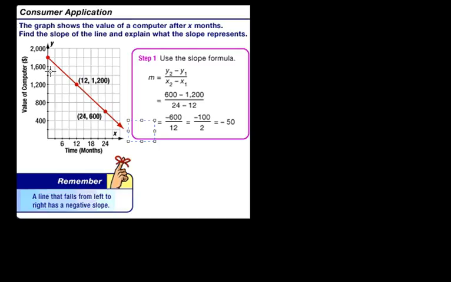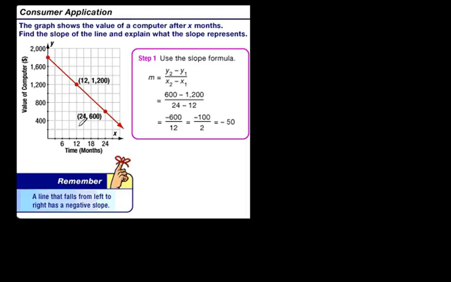So let's see if you can model this with a straight line and then find the slope. Slope is going to be the change in the y's followed by the change in the x's. Let's take this point down here, 600, as y2, and I'm going to take 1200 and subtract from it, y1.